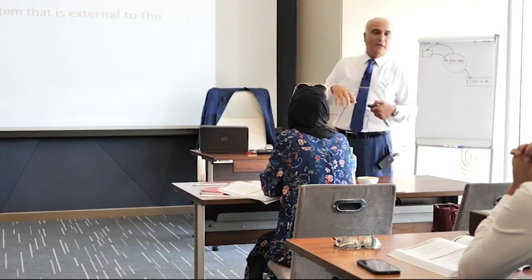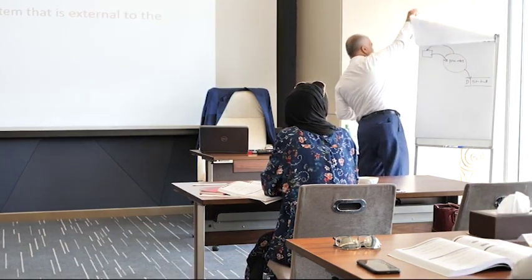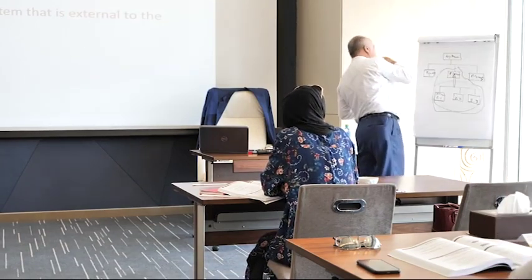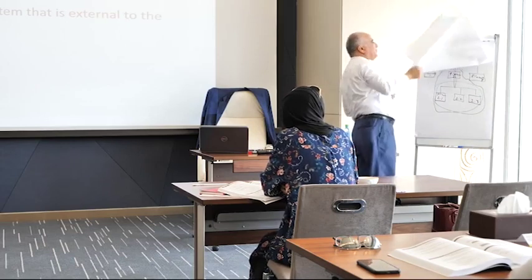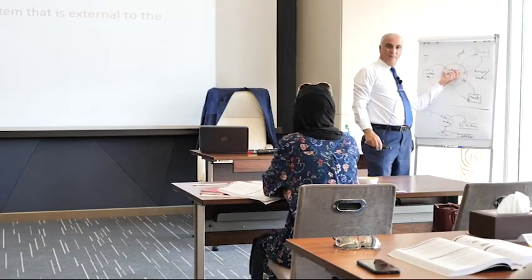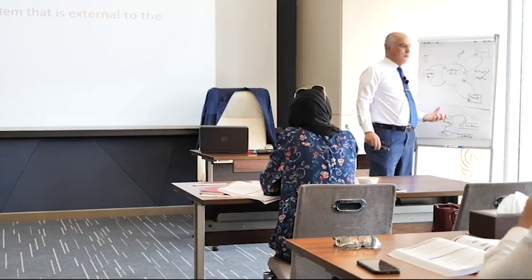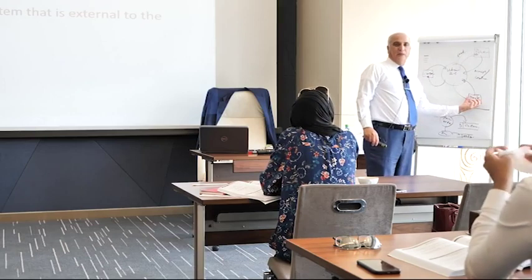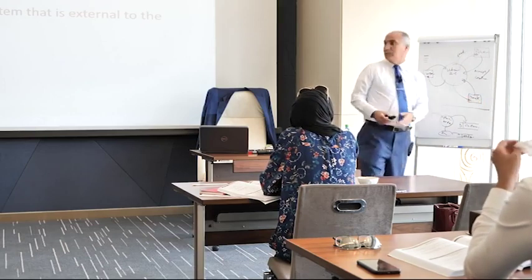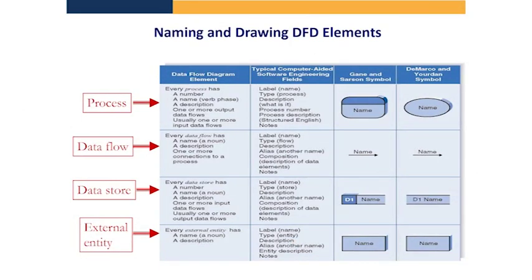So in any system, a system like Uber, they have a system, but they need to interact with an external body. One of the external bodies is the bank.